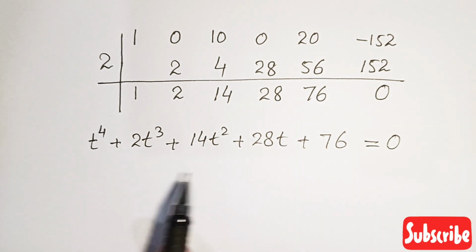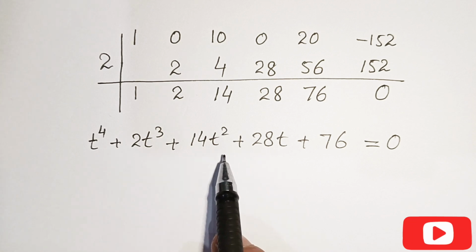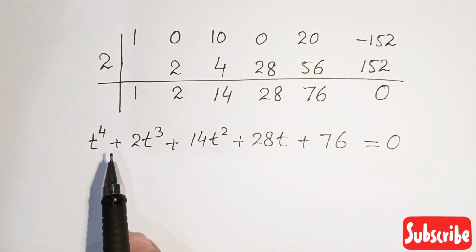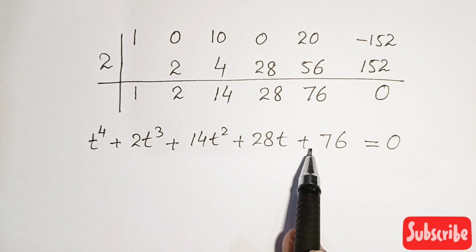Now we see that on our left hand side all these values have a positive sign, so all are positive. Then if we find the value of t, the solution will be negative because all of these values are positive.